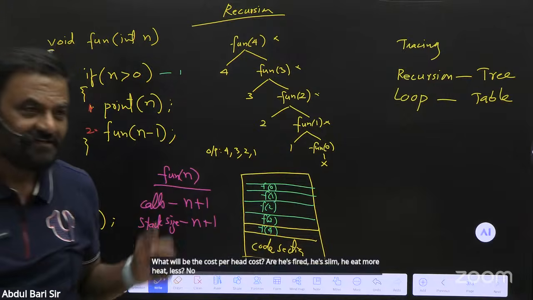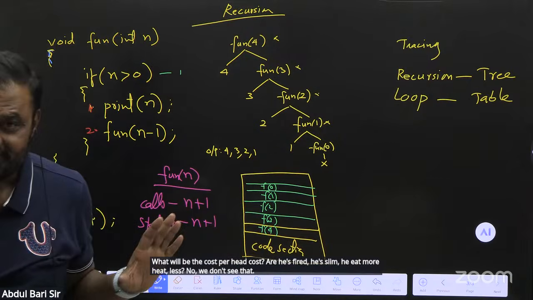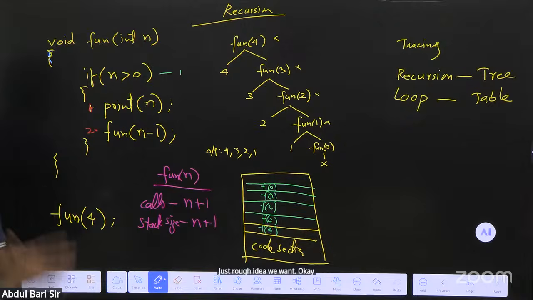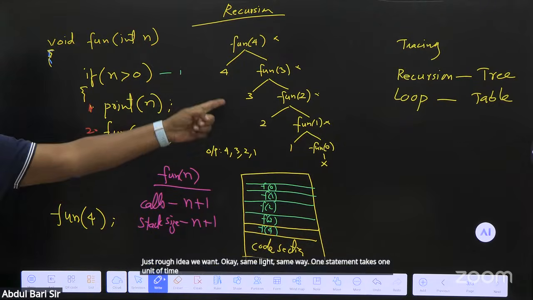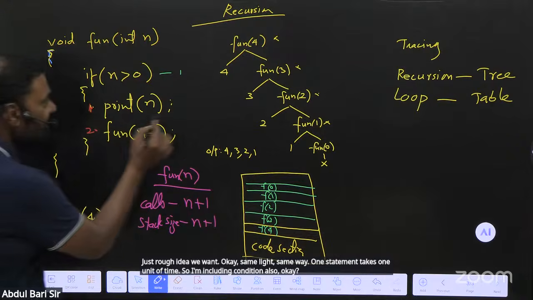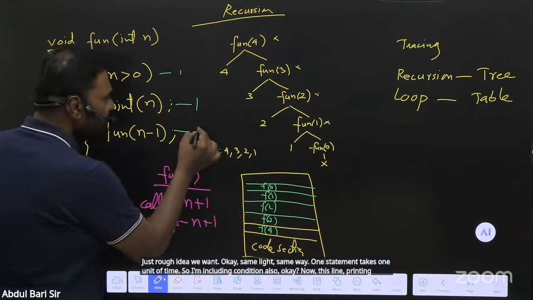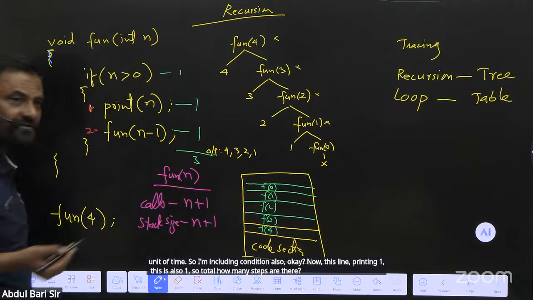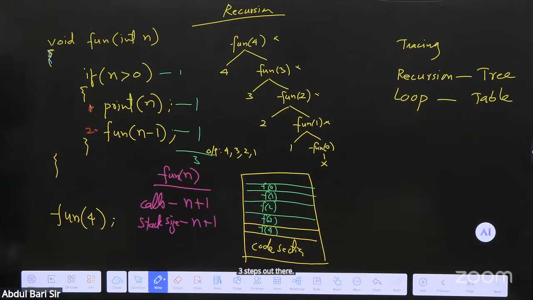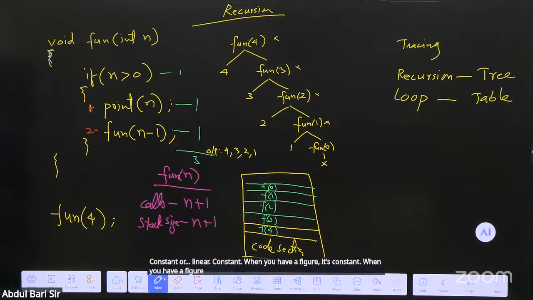No, we don't see that. Just a rough idea we want. Same way, one statement takes 1 unit of time, and I'm including the condition also. Now this line, printing, is 1. This is also 1. So total how many steps are there? 3 steps. So 3 is what? Constant or linear? Constant. When you have a figure, it's constant.